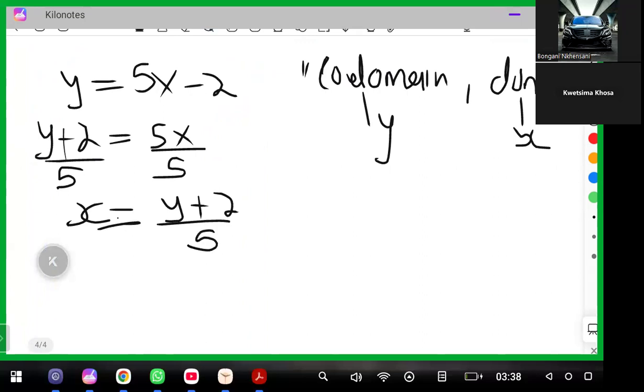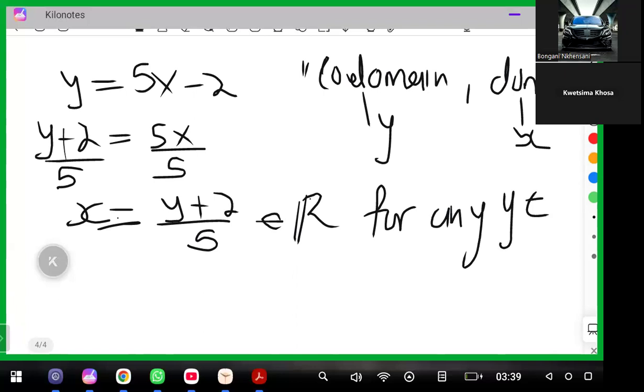Here I'm sure you can notice that this will always be an element of the real numbers, regardless of whatever the value of y is. So for any y being an element of the real numbers, real numbers will map to real numbers.